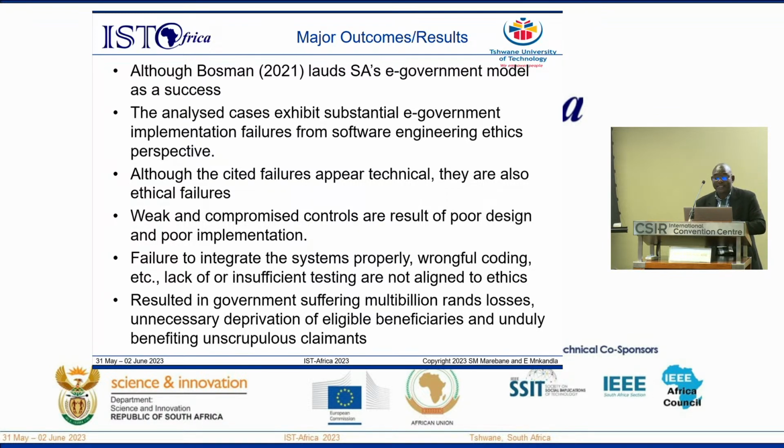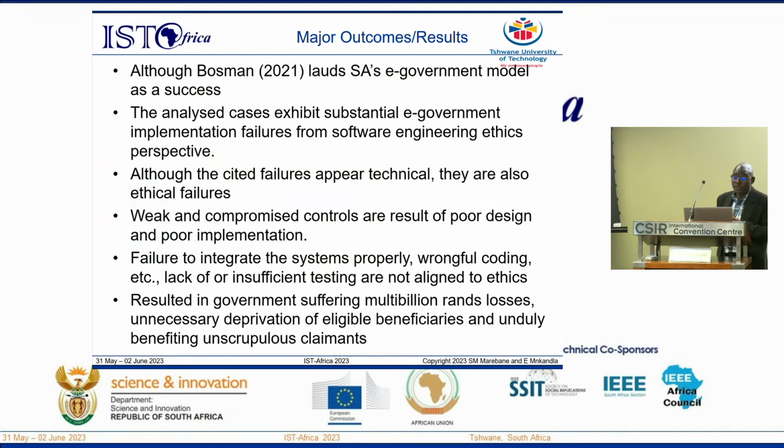Bosman says South Africa's e-government model is actually a success. But when you look at the cases that we have analyzed, the opposite is true. So, although what we have seen here appears to be technical, it's still ethical. I mean, if you have a weak compromised control on a system, it's a result of poor design or poor implementation.